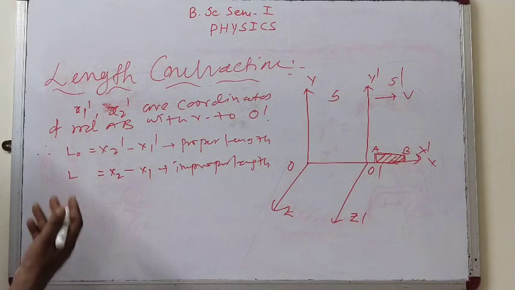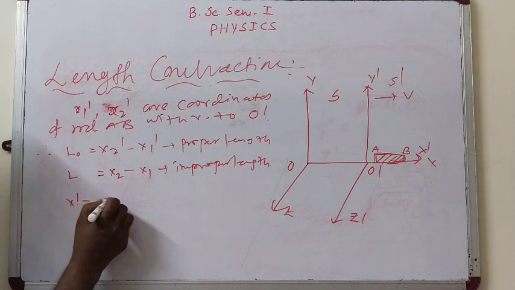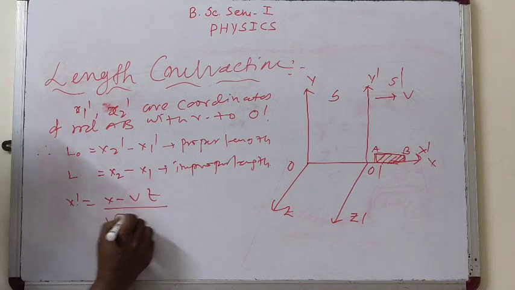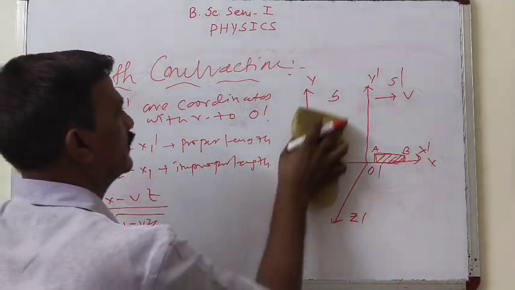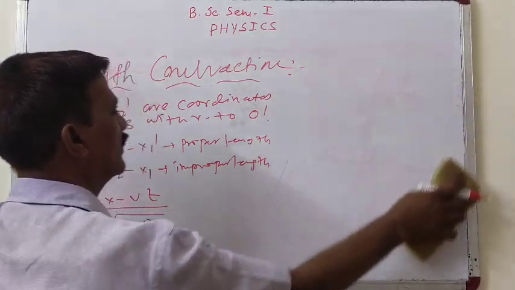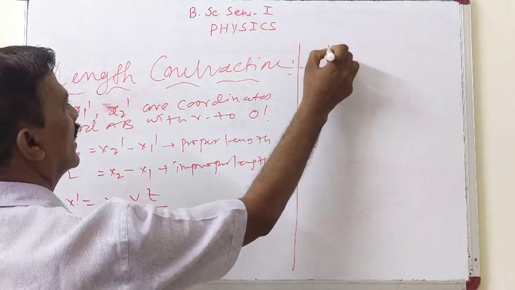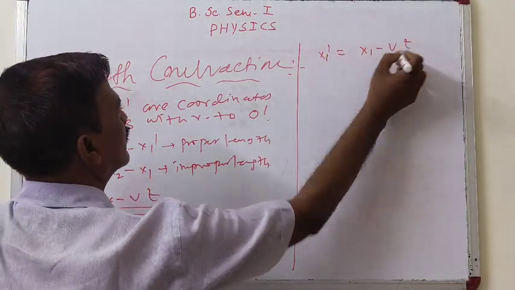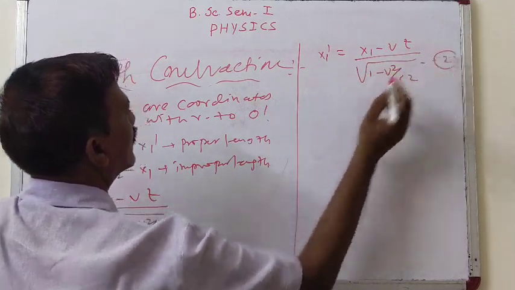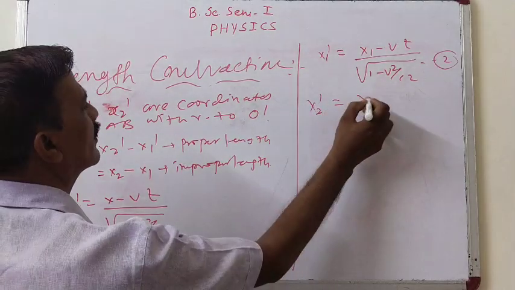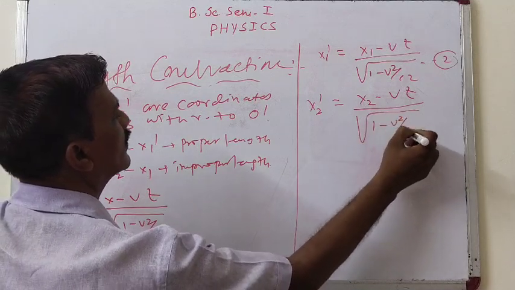Then by using the Lorentz transformation equation, we know x dash equals x minus Vt by root of 1 minus V square by C square. Therefore, x1 dash equals x1 minus Vt by root of 1 minus V square by C square. Same way, x2 dash equals x2 minus Vt by root of 1 minus V square by C square.